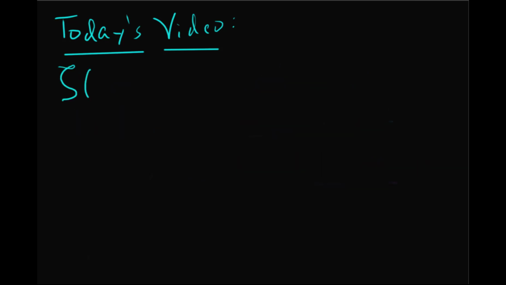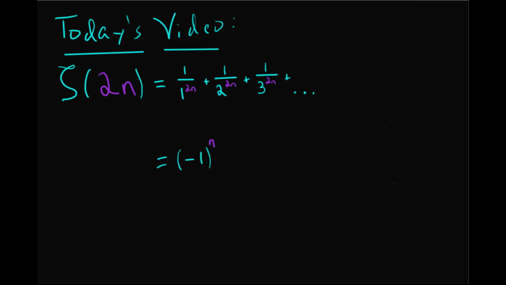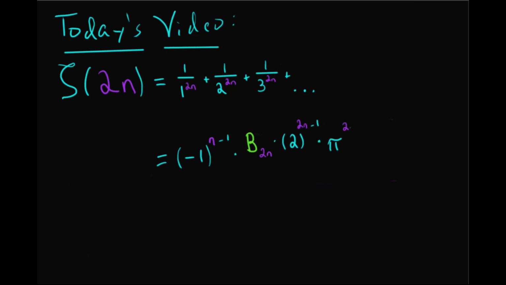Namely, we're going to show that the zeta function evaluated on the positive even integers, so zeta of 2n, where n is a positive integer, which equals 1 over 1 to the 2n plus 1 over 2 to the 2n plus 1 over 3 to the 2n plus ..., that this equals negative 1 raised to the power of n minus 1 times B sub 2n, where that's the 2nth Bernoulli number, times 2 to the 2n minus 1 times pi to the 2n all over (2n) factorial.